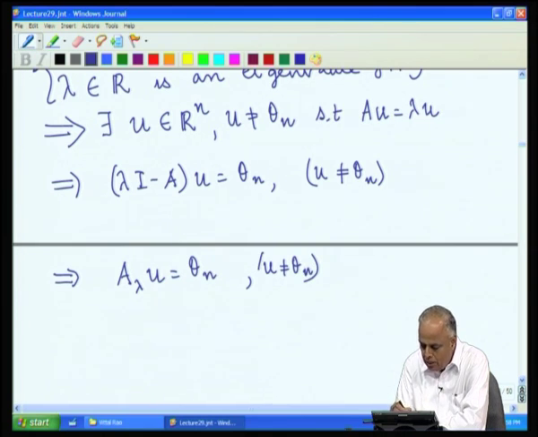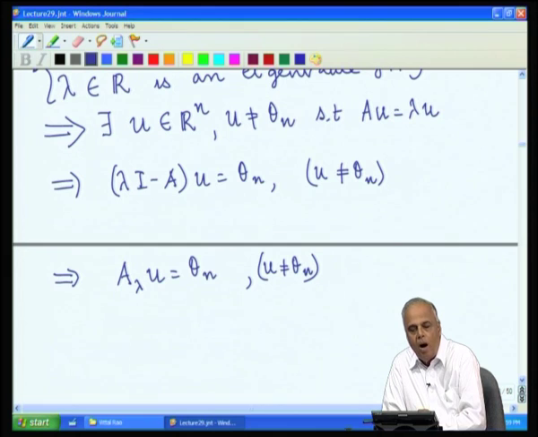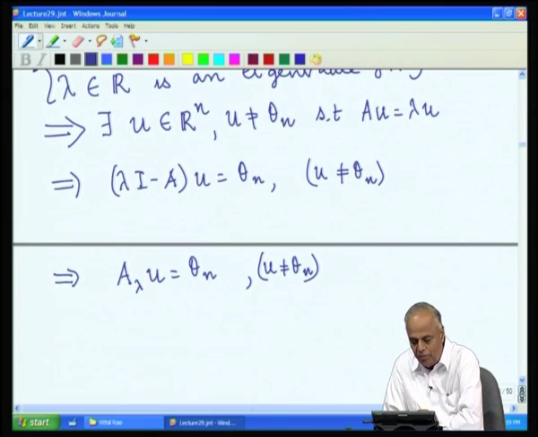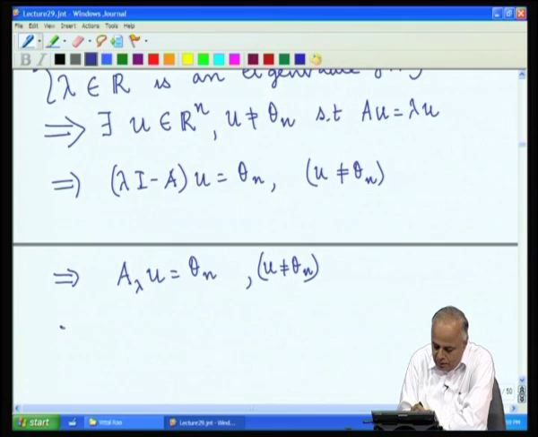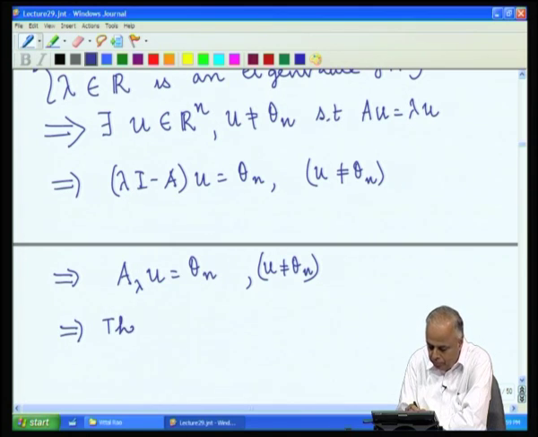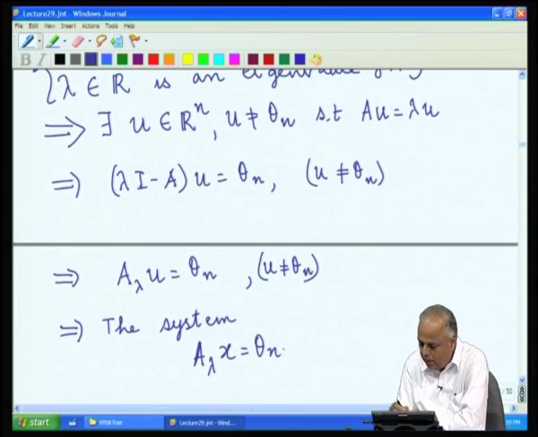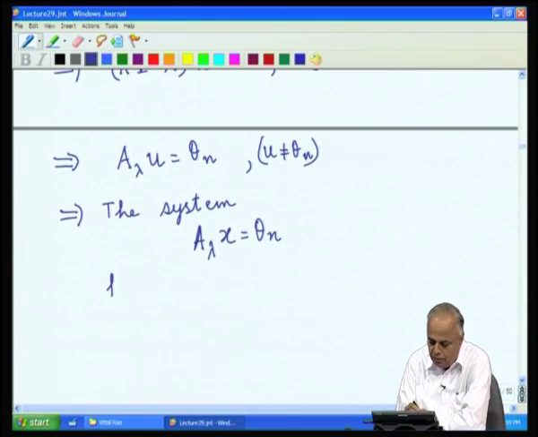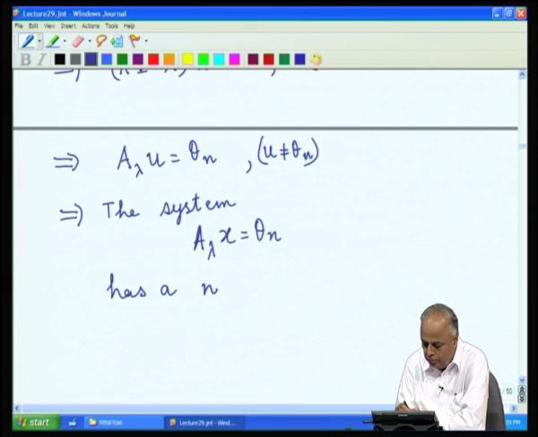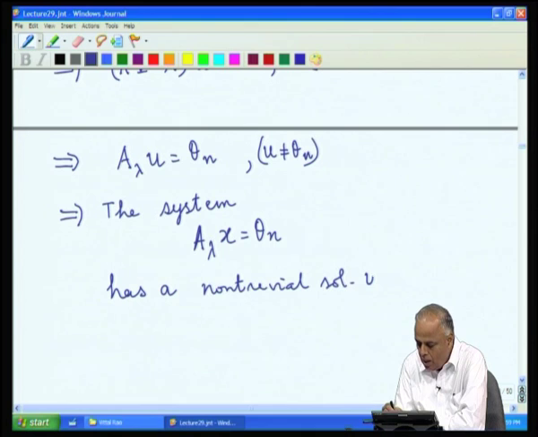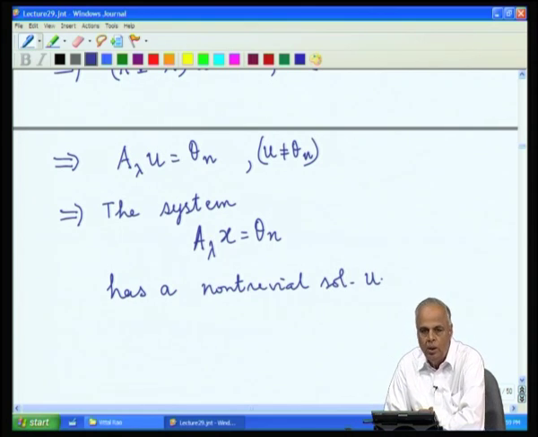If lambda were an eigenvalue of A, then there exists a vector u different from 0 such that A lambda u equals theta n. This says the system A lambda x equals theta n has a non-trivial solution u.